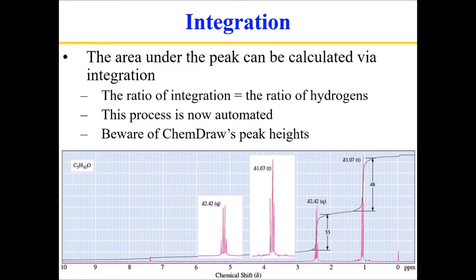So if you divide both of these by 16, 48 divided by 16 is 3, and 33 divided by 16 is really close to 2. So what that tells us is that for every 2 hydrogens that made up this peak, there were 3 hydrogens that made up that peak.